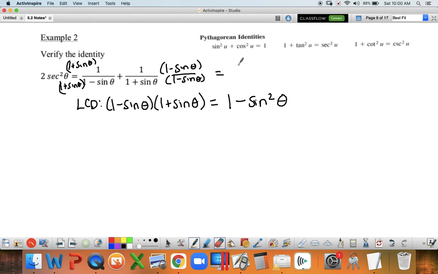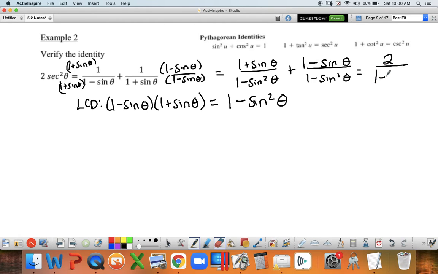So I wind up with 1 plus sine theta over 1 minus sine squared theta plus 1 minus sine theta over 1 minus sine squared theta. When I add my fractions, I add my numerators, so those signs are going to cancel out, so I wind up with 2 over 1 minus sine squared theta.